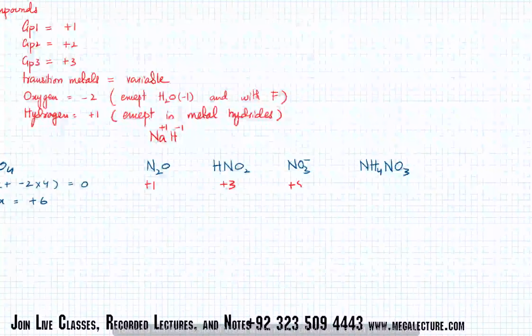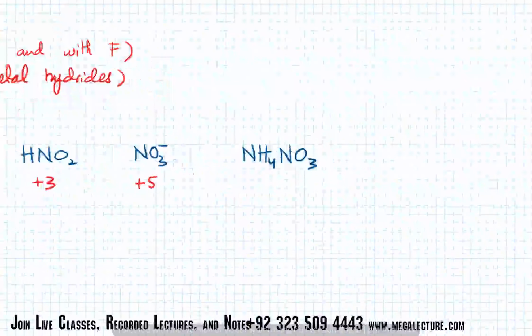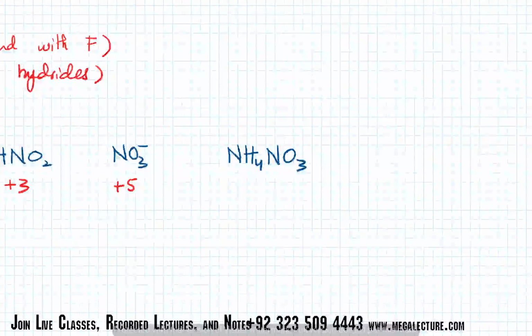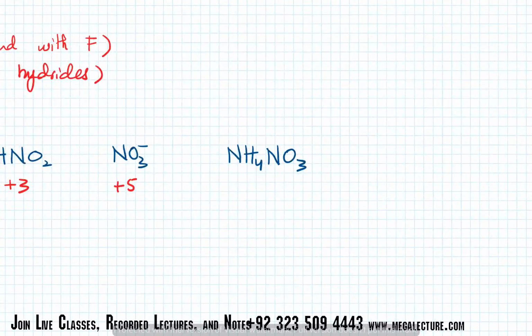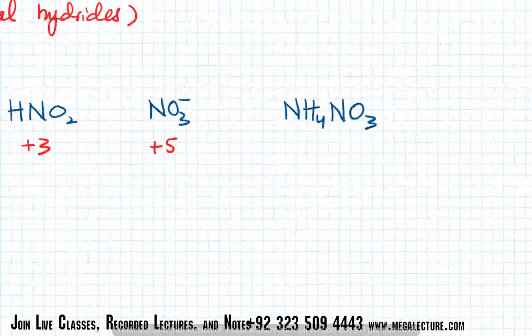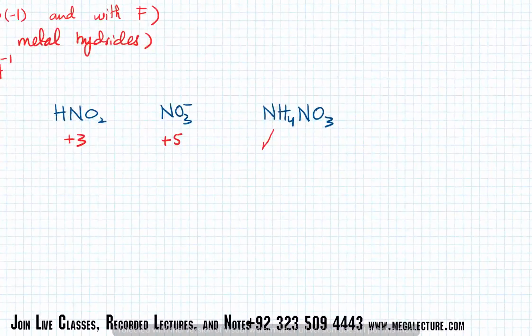Okay, what about NH4NO3? For which element? N. Is it 1 plus? So now remember to treat them as separate ions.